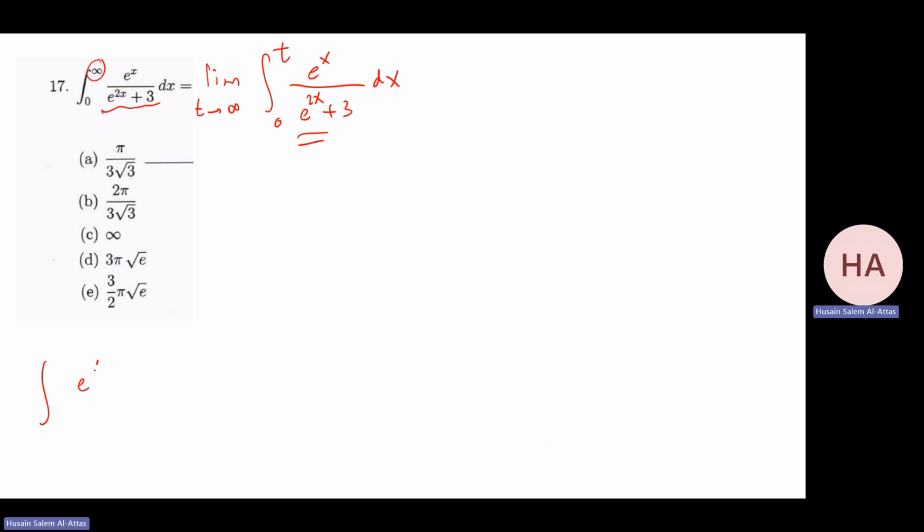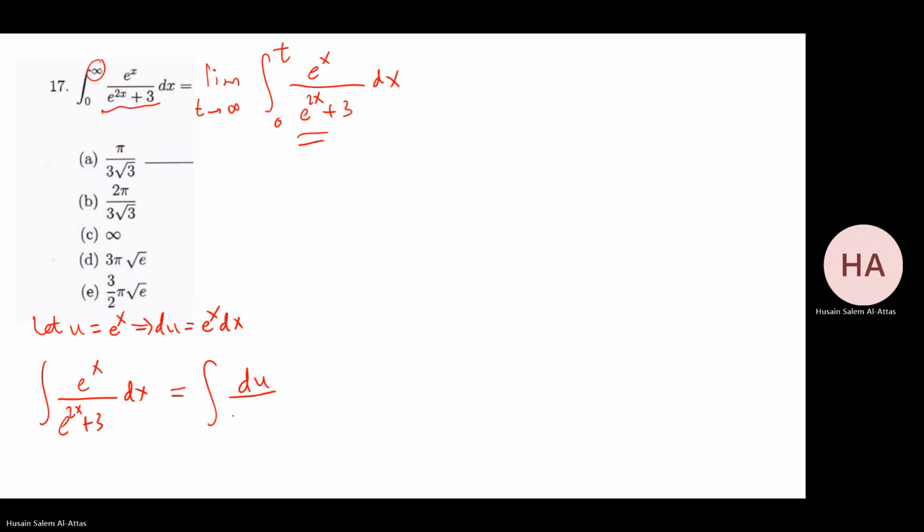Let me do it as an indefinite integral and see what will happen. I'll let u equal e to the power x, so du is e to the power x dx. That will be du over u squared plus 3, and this 3 I can write as the square root of 3 squared.